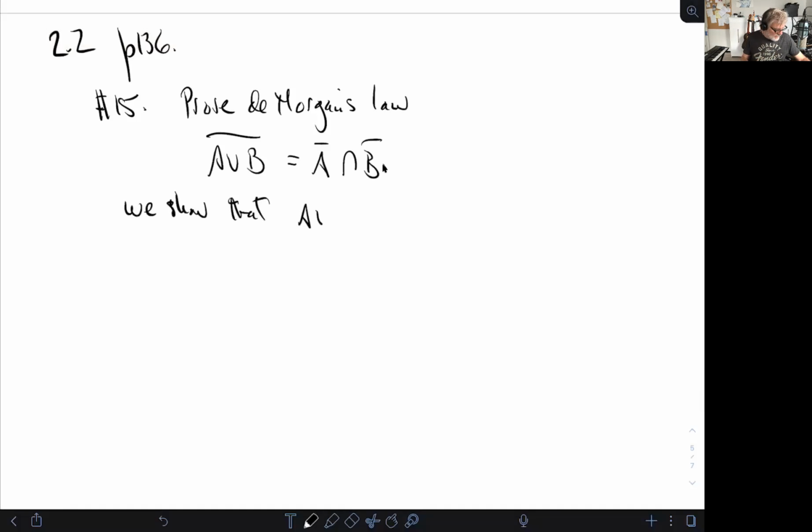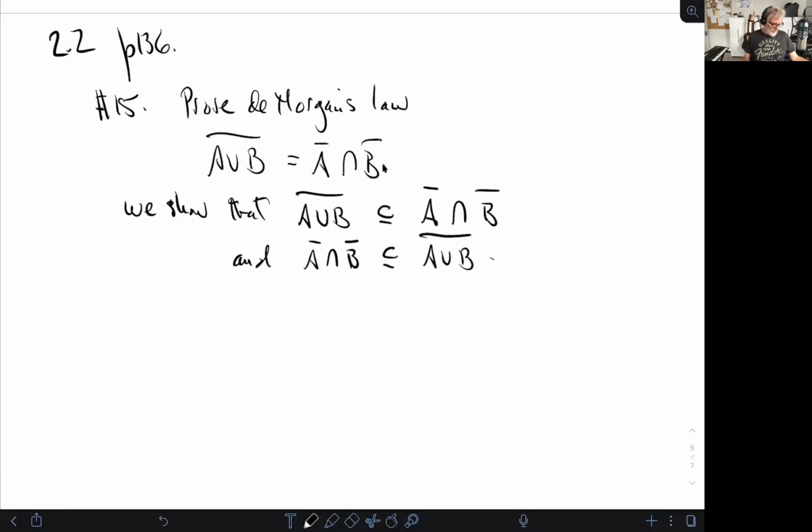So we're going to show that the complement of the union is a subset of the intersection of the complements, and the other way around, that the intersection of the complements is contained in the complement of the union.